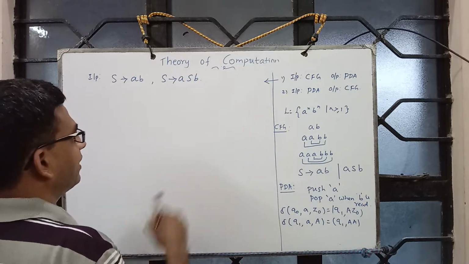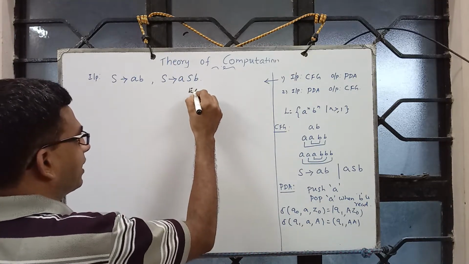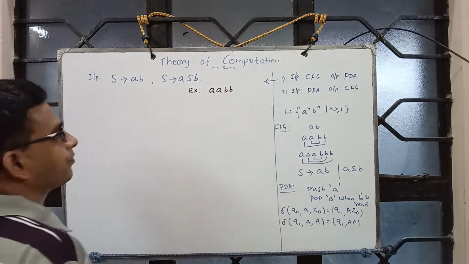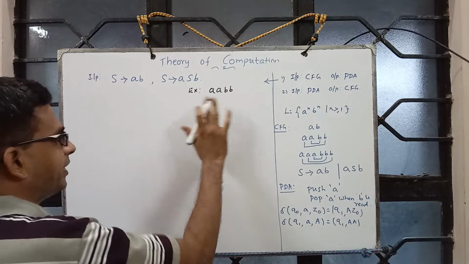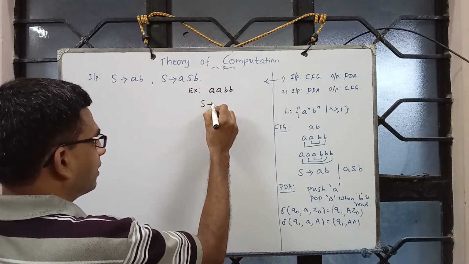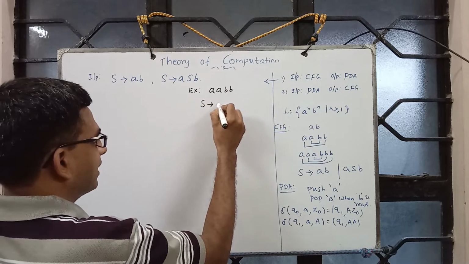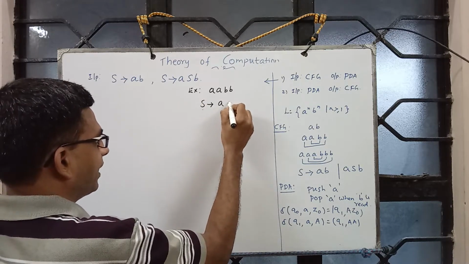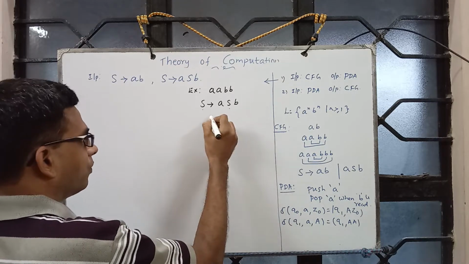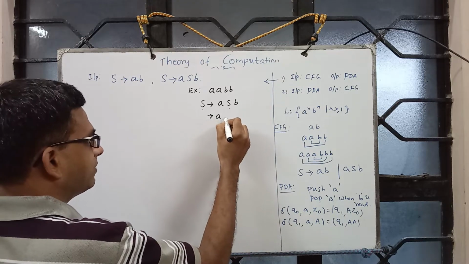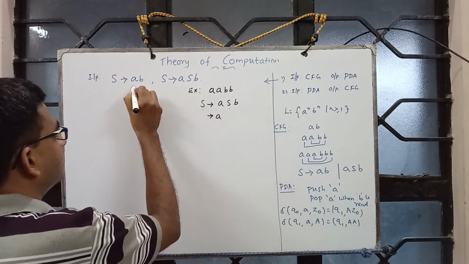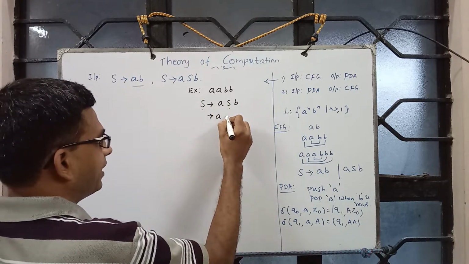So what am I saying? Let's take the input to be AABB. It's an arbitrary string. How will our derivation be? We start with S, then S implies ASB, then we apply this rule once more, and then S implies AB, because I want to terminate.